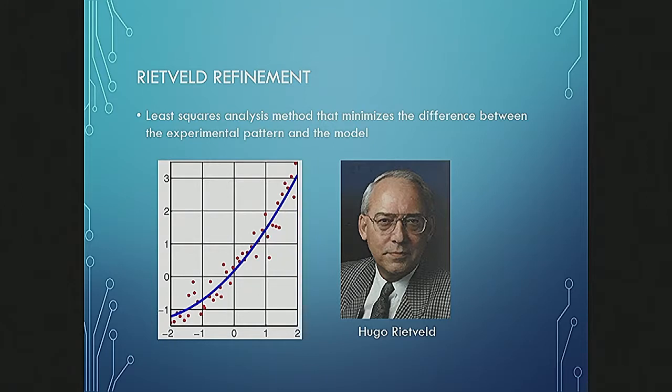So Rietveld is basically a least squares analysis method that minimizes the difference between the experimental pattern and the model that is obtained from the database. This is kind of similar to a linear regression plot or curve fitting, where you try to minimize the difference, the distance between the individual data points and the actual curve itself.